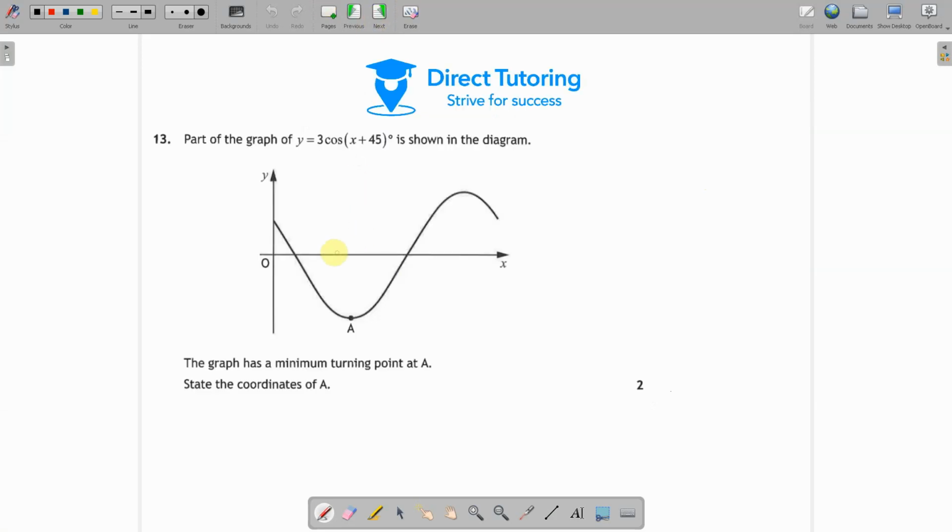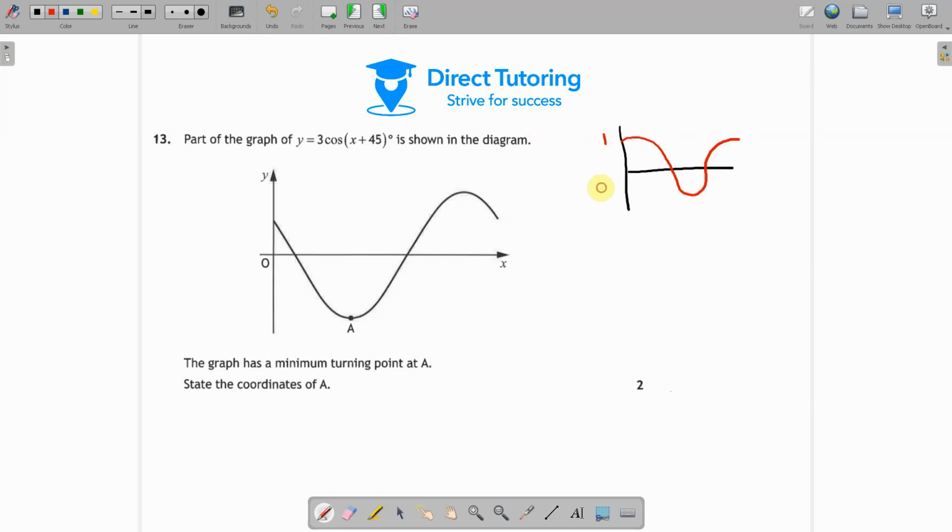So if we take a look at question 13, it is a trig graph problem, and it deals with the cos graph. Now what I tell everyone with these questions is to always draw a rough sketch of a typical cos graph, just so that you can compare it to this graph.